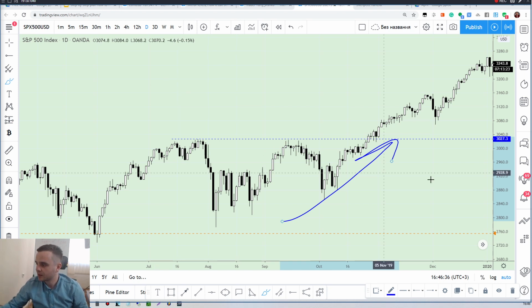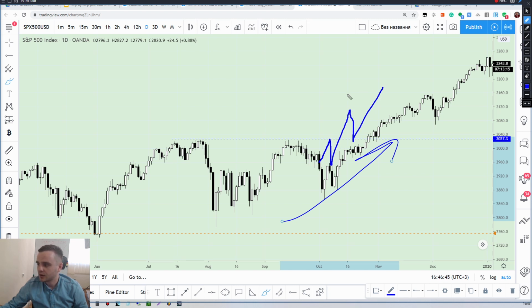It would always be better if the price, before it breaks this level, approves it, like in this example. Because it's important to get approval from the market that it is really a powerful level.